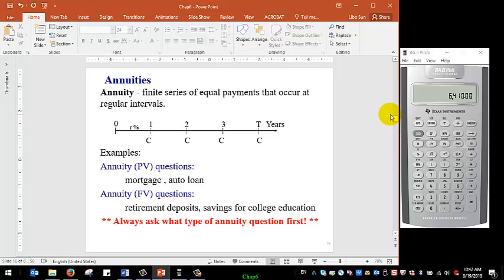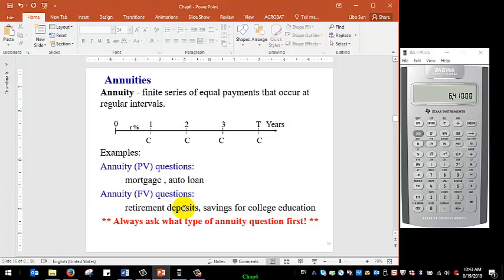There's another type of special multiple cash flow, which is annuity, where the same amount is paid or received every period, but for a limited number of periods. We see this all the time. We see the mortgage payment, auto loan payment.